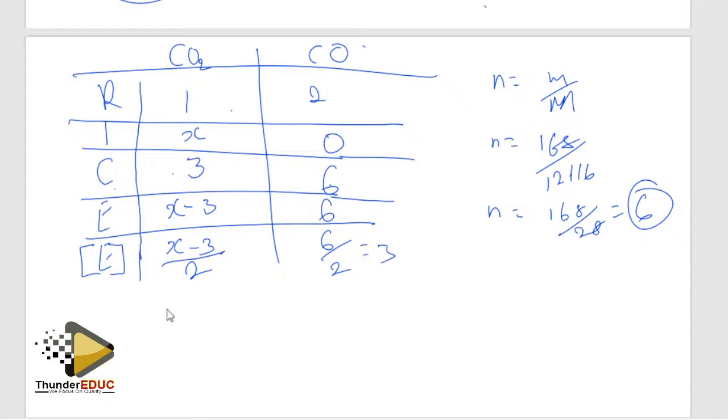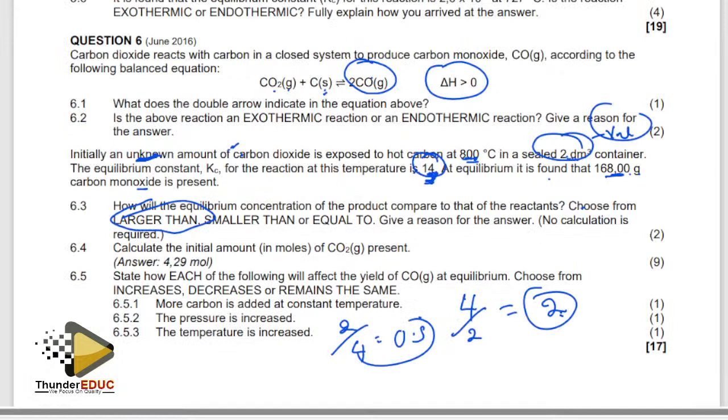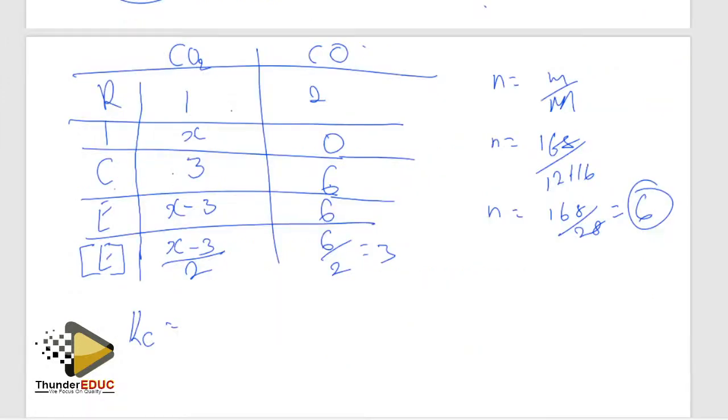So now after that I can apply Kc. Kc value is going to be equal to what? I come here and find out where it is. Yeah, the Kc they said is 14. Let me first use the expression and then I substitute.